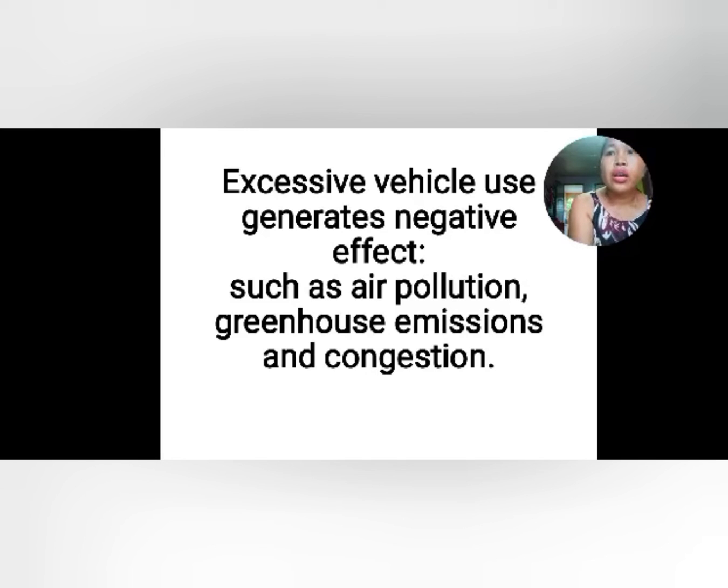Another way to reduce the impact of transportation on the environment is to walk or use a bicycle to commute to nearby places like school, the mall, or work. This emits no greenhouse gas and it is totally safe for the environment, plus it is beneficial to health.